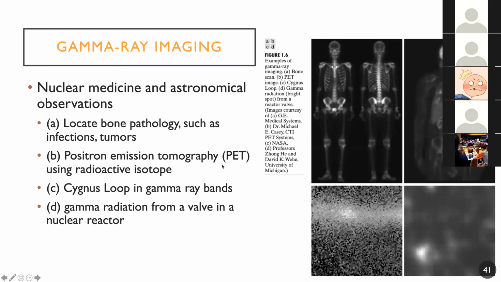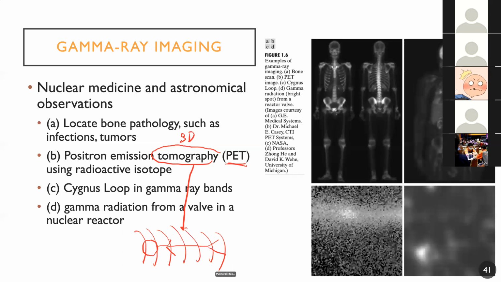I have some projects about PET scans if you're interested. The PET scan uses the word tomography. Tomography is related to 3D. So whenever you see tomography, it means 3D scanning. You can think of a person lying on a bed, and they scan the whole body to get image slices combined together into a 3D image. The PET scan also uses a radioactive isotope.